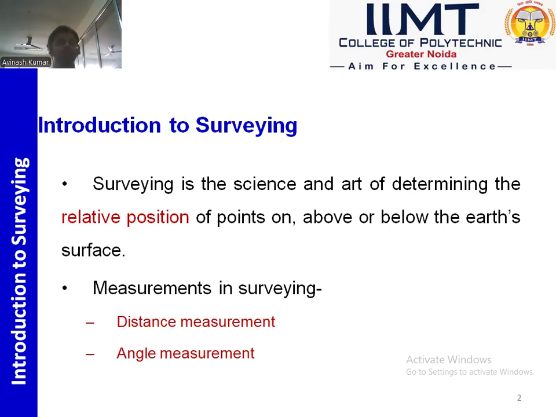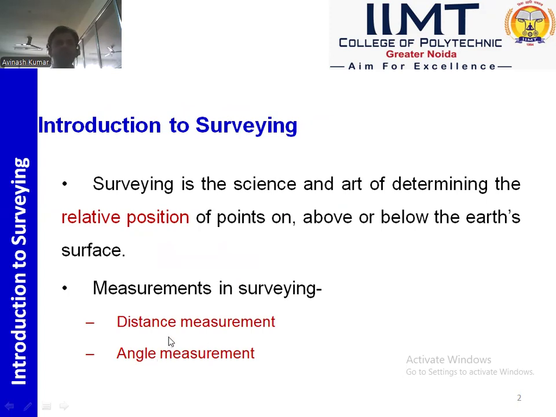There are some fixed points known as reference points. With the help of those points, we determine the position of the boundary of any land surface. There are mainly two works done in surveying. The first one is distance measurement and the second one is angle measurement.